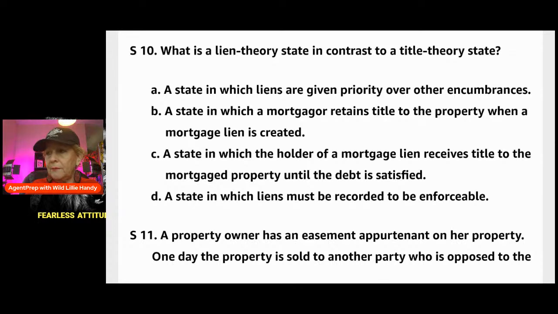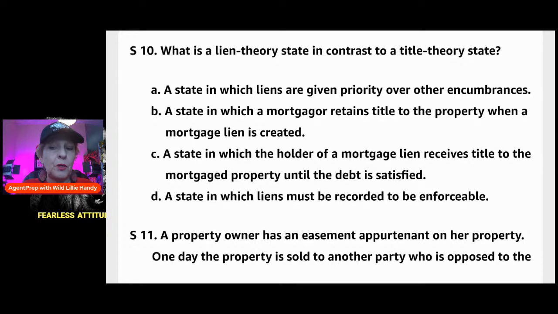So far I've got 10B. Anybody else? So there's almost 50%, but not quite, of title theory states and lien theory states. The answer is actually B, a state in which the mortgagor, and who's the mortgagor?